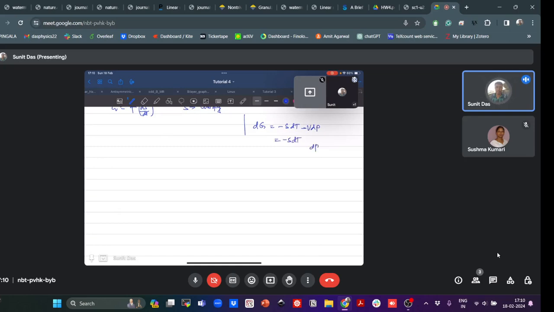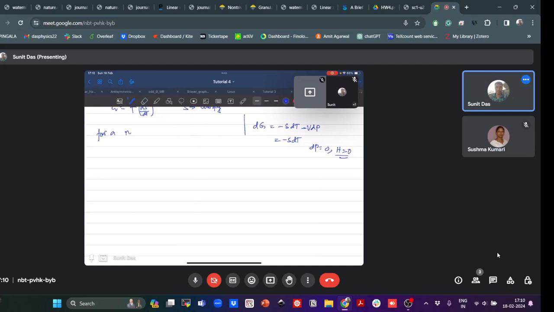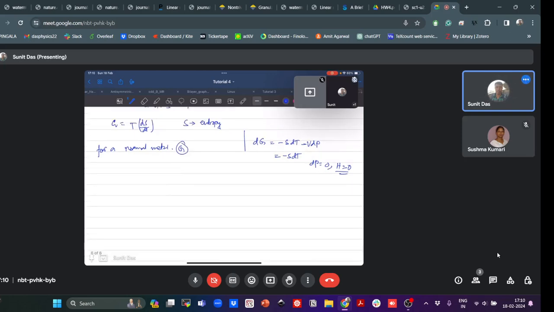We're assuming there is no pressure, no magnetic field as of now at least. So let's first calculate for a normal metal, we'll calculate G, Gibbs free energy.